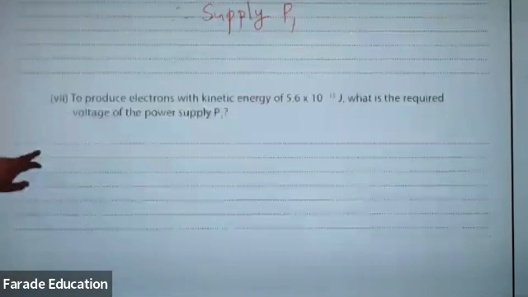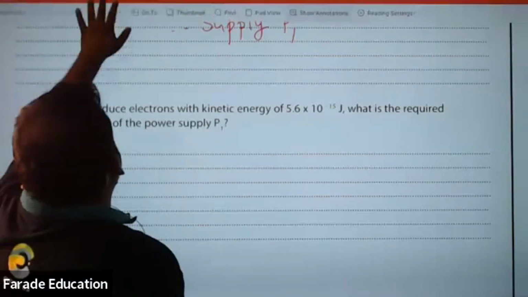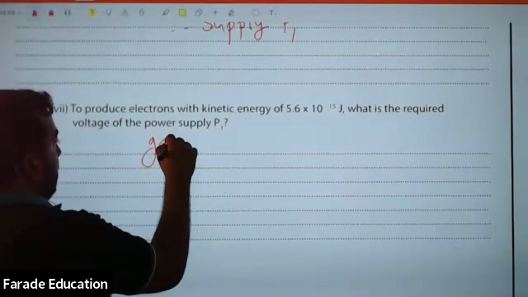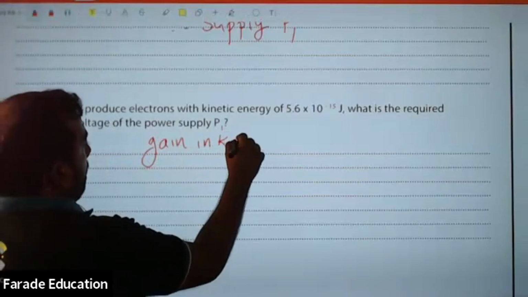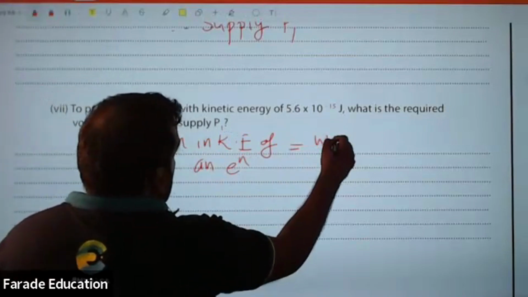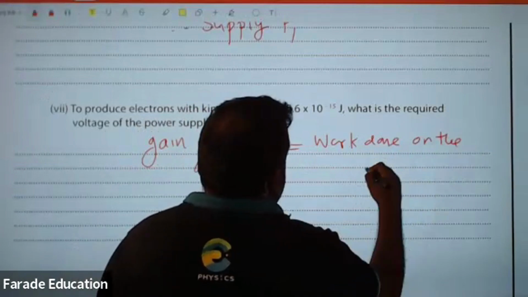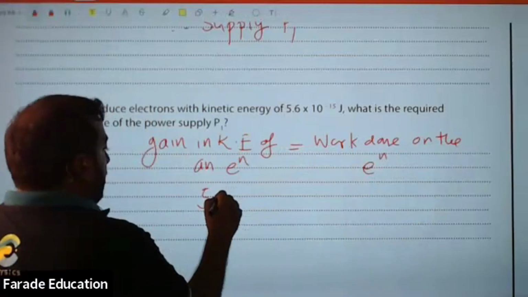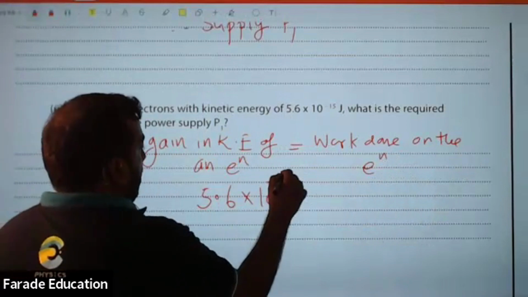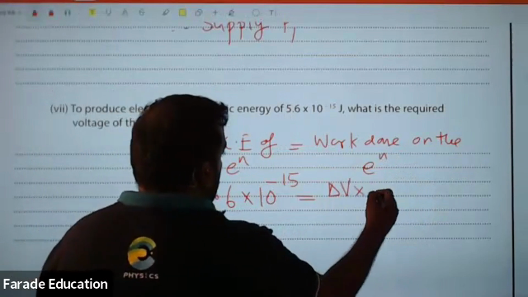To produce electrons with kinetic energy 5.6 × 10^-15, what is the required voltage of supply voltage P1? The gain in kinetic energy of an electron equals the work done on the electron. Work done is potential difference multiplied by charge.